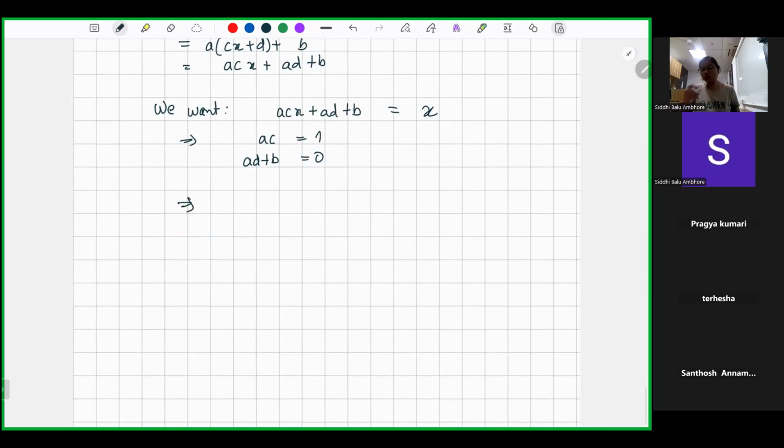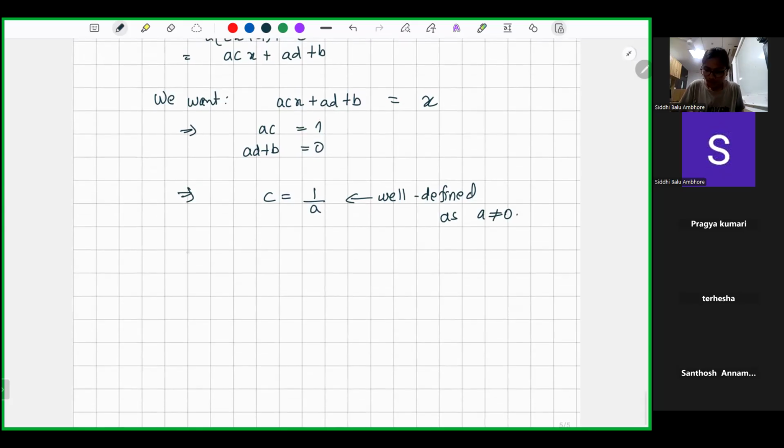So ac equals 1 implies c must be 1 divided by a. And note that this is well defined, because when I choose my f(a, b) from the affine group of R, this a is non-zero. So c being 1 by a completely makes sense. Now the second thing, ad plus b equal to 0. I want to find d.